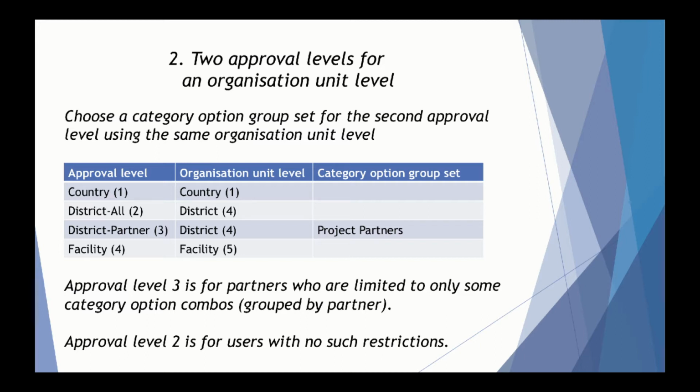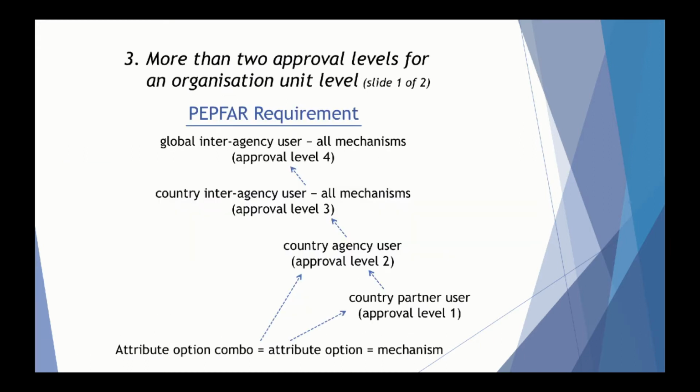This will make even more sense when we go from 2 to greater than 2. Okay, so if you're ready now for greater than 2, this is the requirement that we got from PEPFAR. They said, okay, in Tanzania or in any of the countries we work in, we have various partners working in Tanzania.